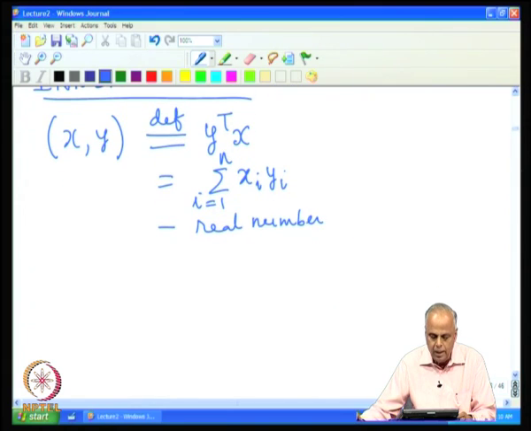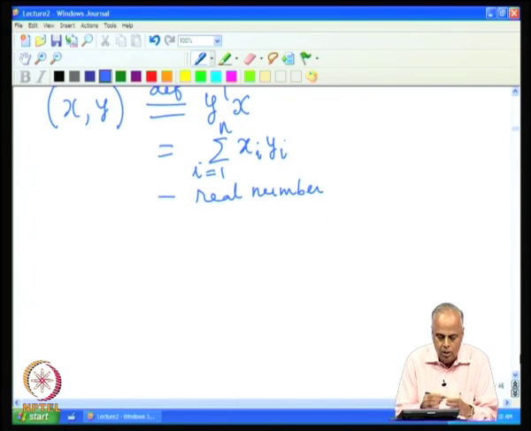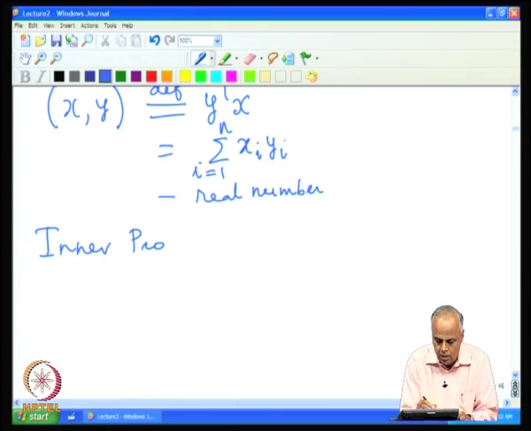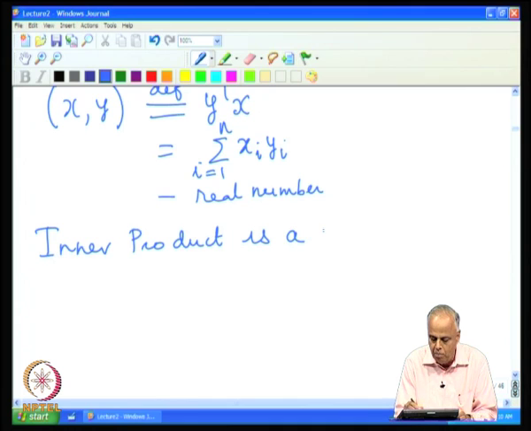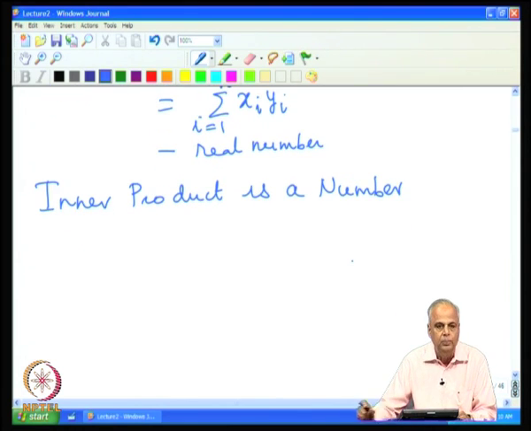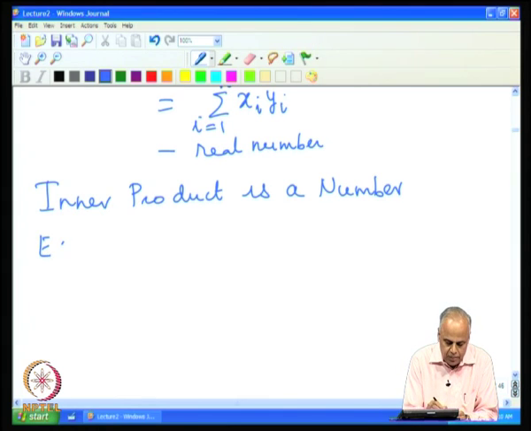Thus, the inner product of these two is a number. The inner product of two such column matrices is always a number. Let us look at a very simple example.